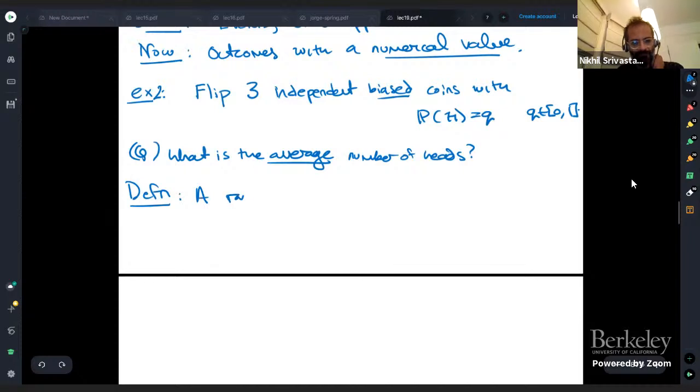So a random variable on a probability space.